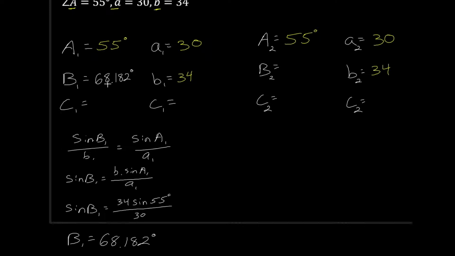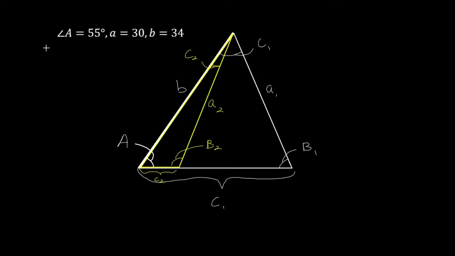So I'm going to round to 3 decimal places, but if I use this angle again, I'm going to use the full value, and I'll go ahead and write this down. 68.18249401, just to make sure that I don't end up having a rounding error as I go through. So what we've done is we've discovered angle B1, and this is just solving it like normal. If you notice on our picture, this right here is angle B1. We just discovered it's 68 point blah blah blah blah blah.